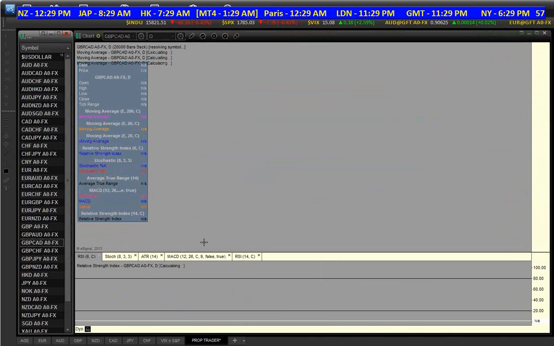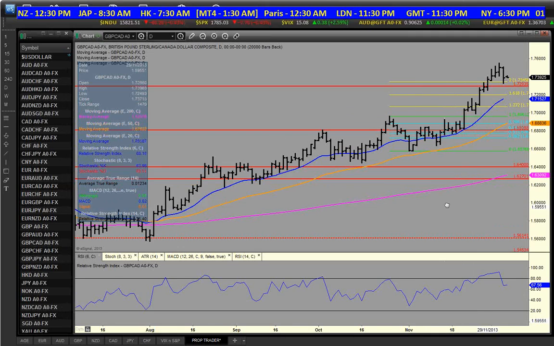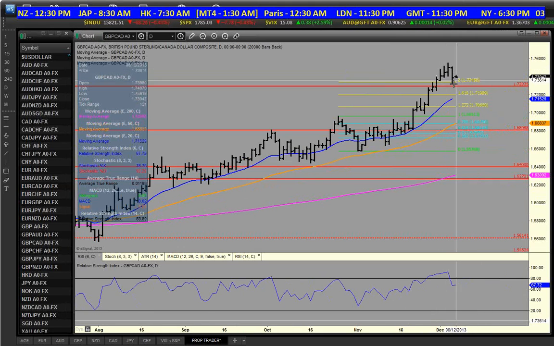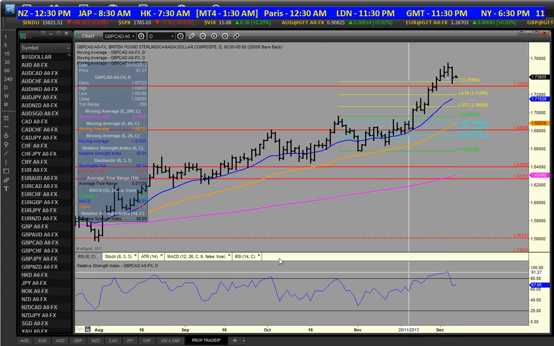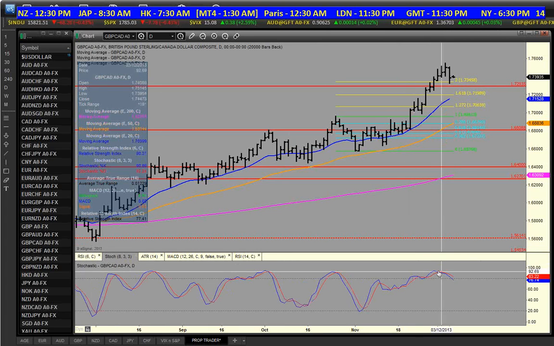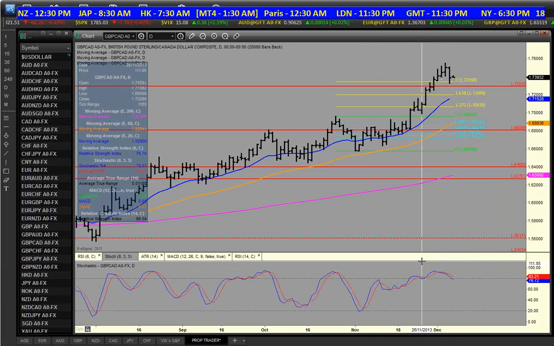Pound CAD. Also, well, it has had the seller bar. You could be looking at this today, but there is divergence, not on your RSI, but there is on this stochastic here.